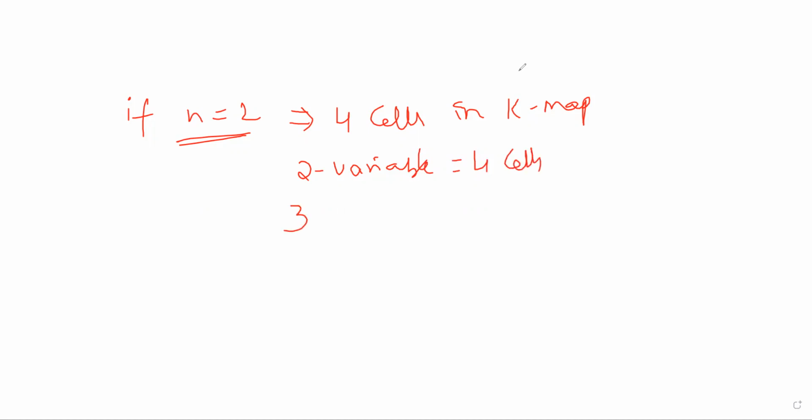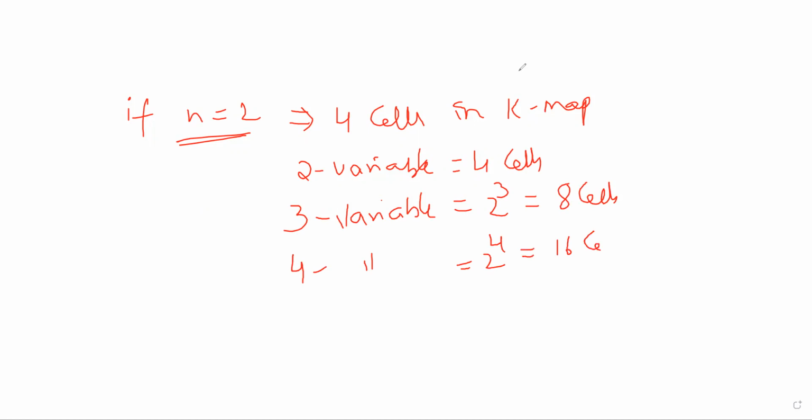Similarly, for 3 variables we are having 2 power 3, which is equal to 8 cells. Then for 4 variables we are having 2 power 4, which is equal to 16 cells, and so on.